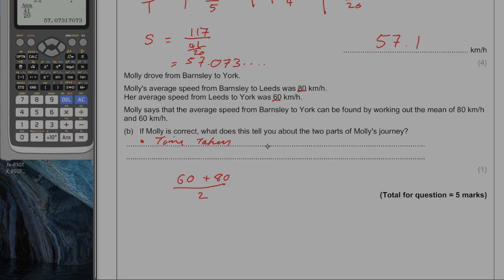Time taken for both journeys is the same, is equal.